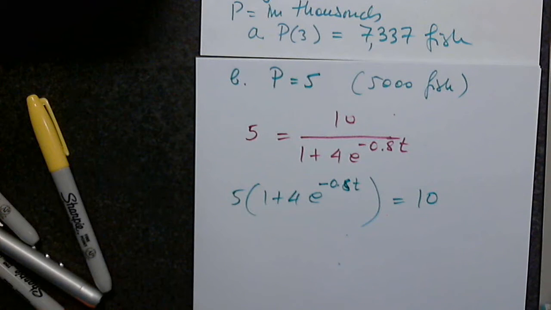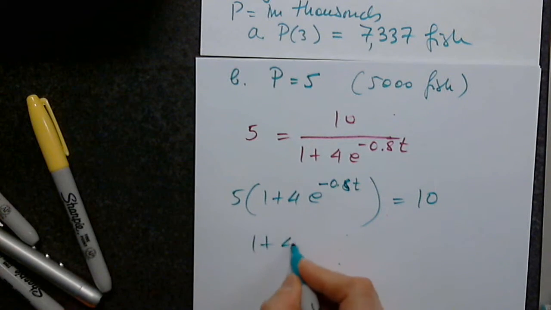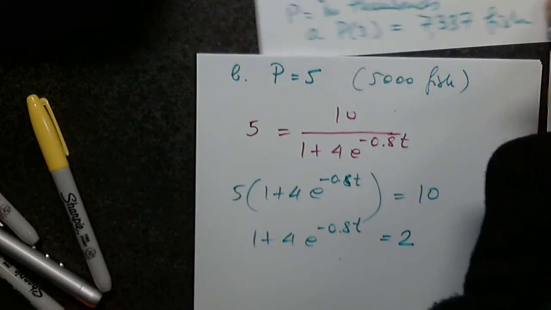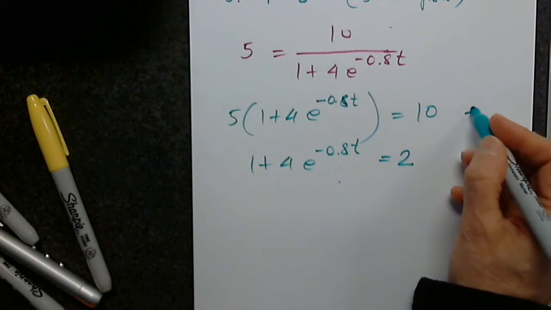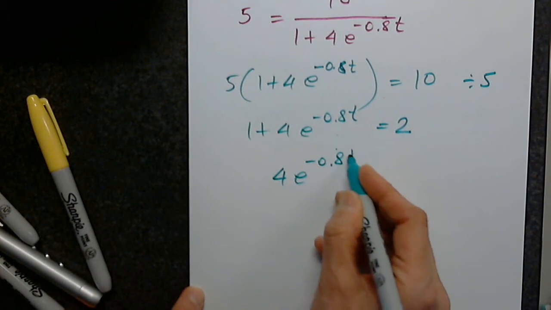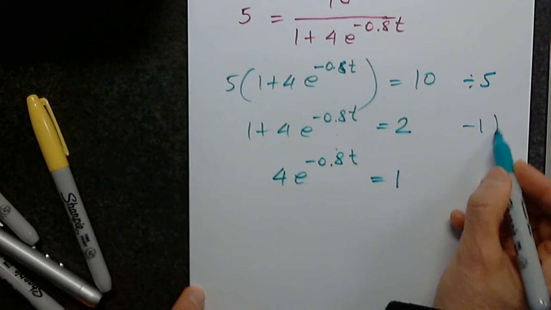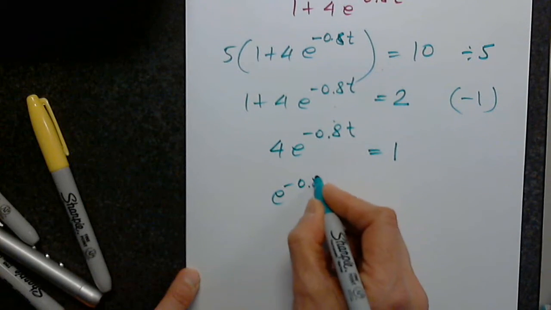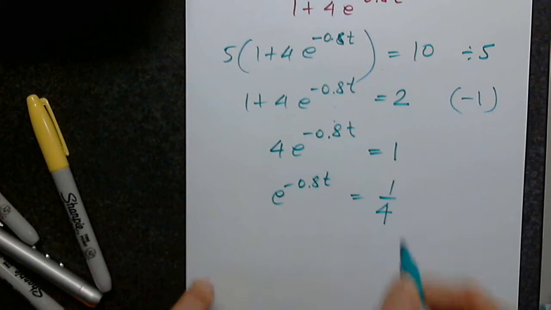Divide by 5. Very good. So 1 plus 4e to negative 0.8t equals 2. I divided both sides by 5. Very good. So 4e to negative 0.8t equals 1. I subtracted 1 from both sides. Exactly. e to negative 0.8t equals 1/4.